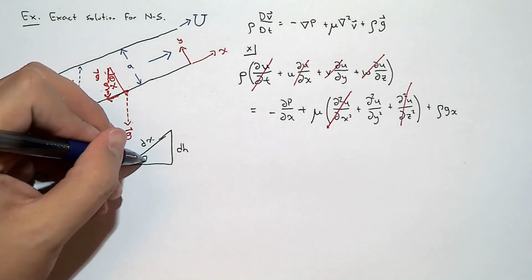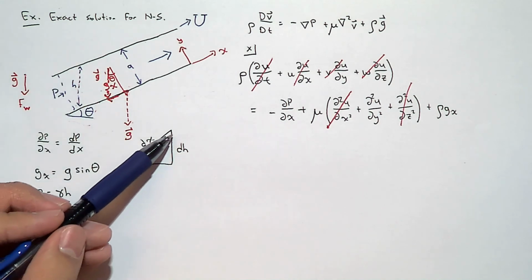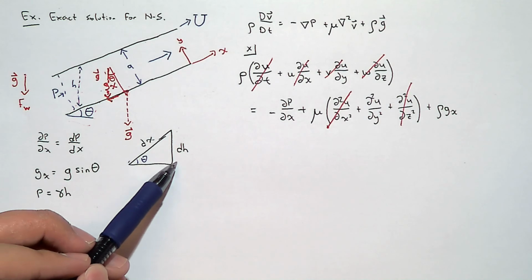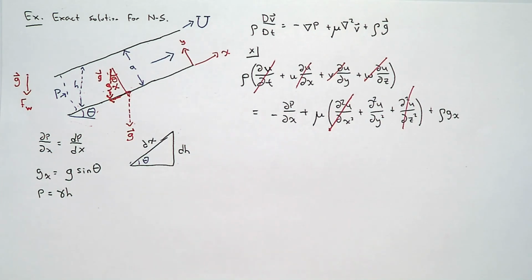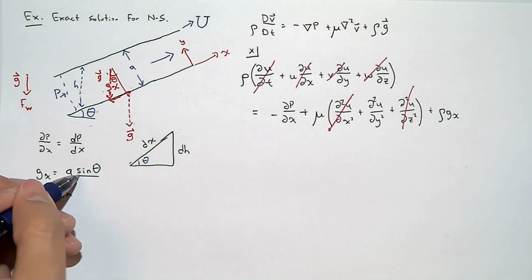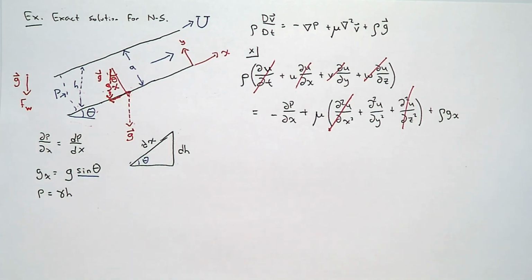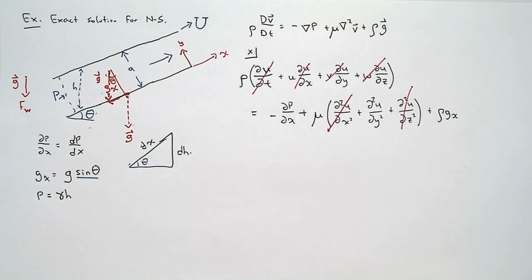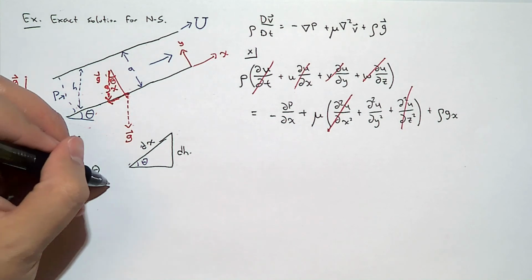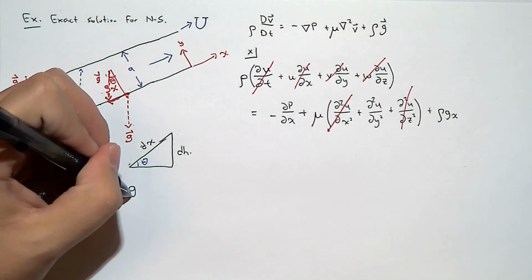Through this right triangle. Notice that we have angle theta here. For every x direction dx that you move, you're actually increasing your depth by dh. And so, how can I relate sine theta to x and h? Exactly, right? Sine is opposite over hypotenuse. Therefore, sine of theta is equal to dh over dx.